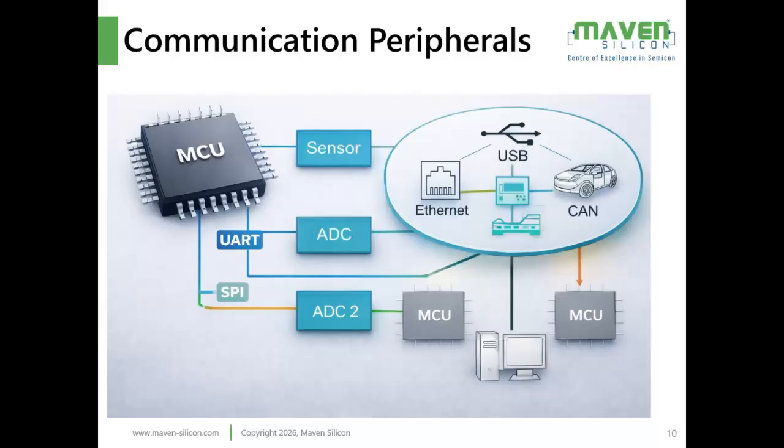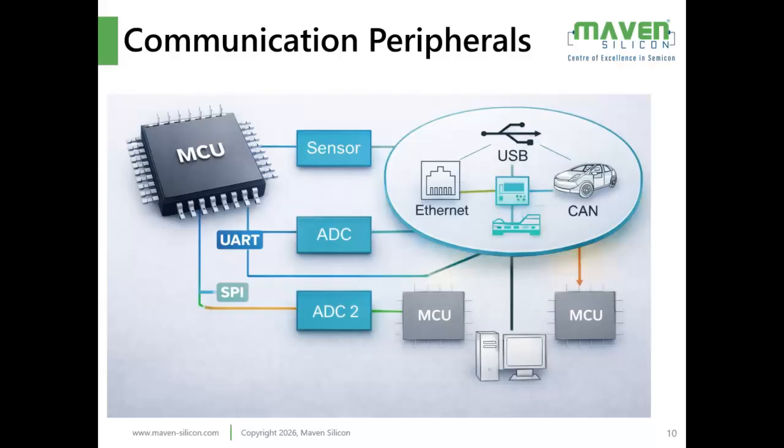Now MCUs don't work alone, they talk to the devices, and many protocols are used for this purpose. Consider a car. In a car there might be a separate microcontroller which is utilized for the headlight section, a separate microcontroller for the steering, a separate microcontroller for the gear, and a separate microcontroller for other things like the wiper.